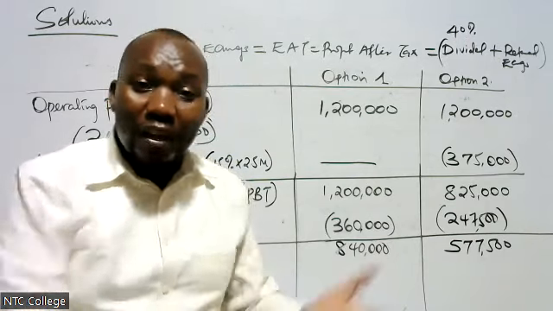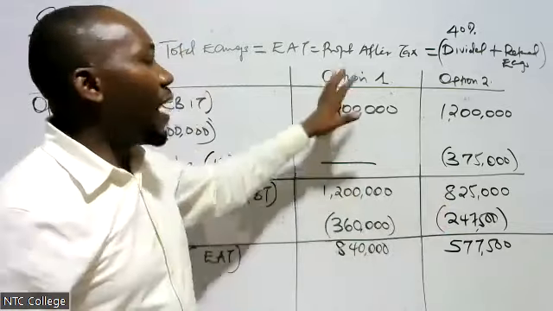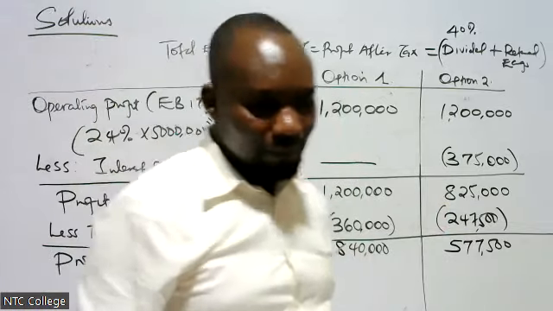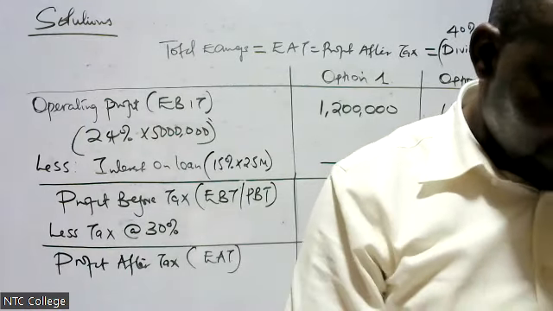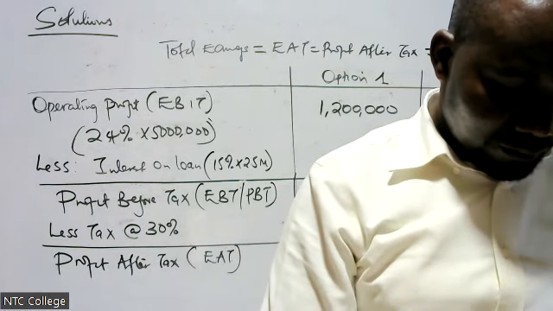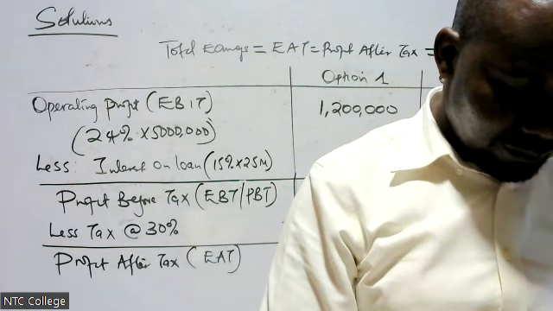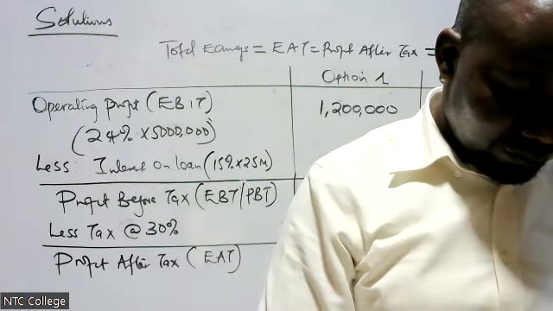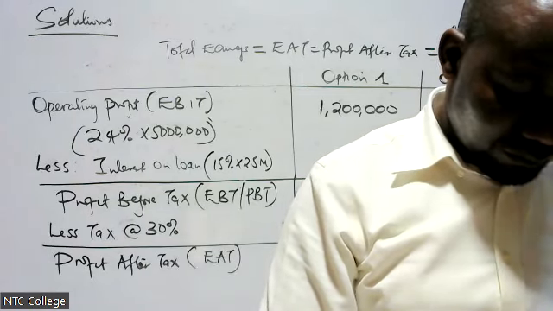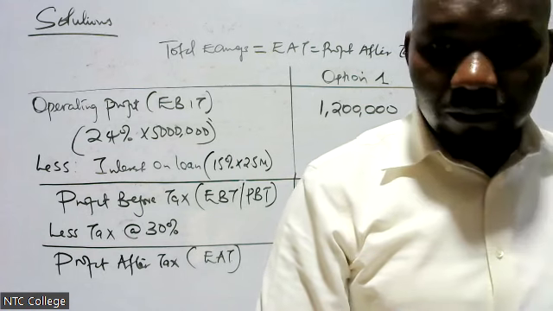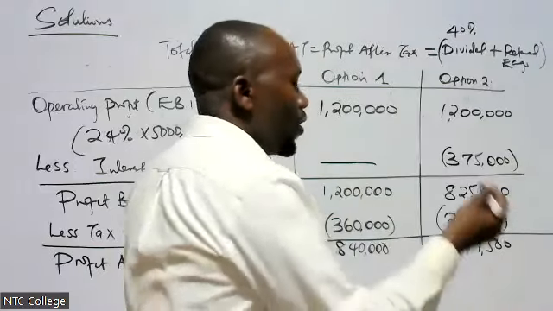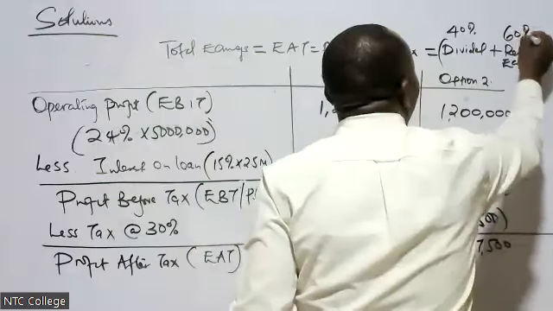If 40% was paid as dividend, how much did they retain from the earnings after tax? 60%. Thank you so much. So we know that 60% was retained.